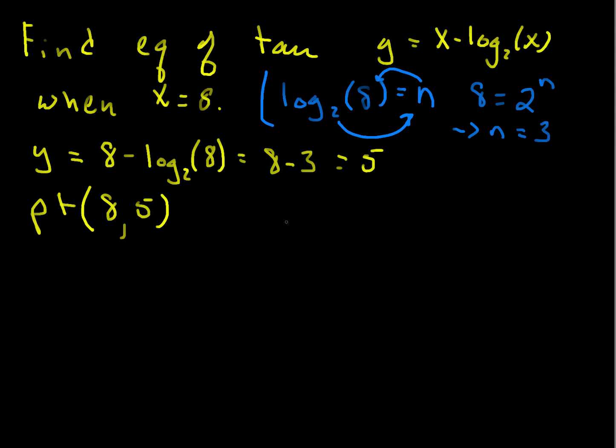So what is our slope? Well, our slope will be the change in y with respect to x at the point x equals 8. That's the slope of our curve, so that's the slope of our tangent line. So that means we need to compute the derivative of x minus log base 2 of x.